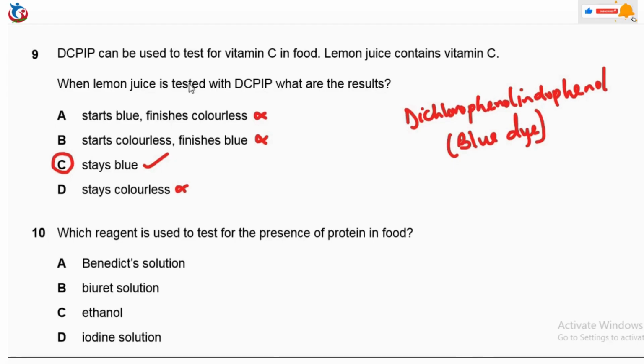Now question 10 says, which reagent is used to test for the presence of protein in food? To test for protein, before now you should have known that it is the biuret solution, because Benedict is used to test for reducing sugar.